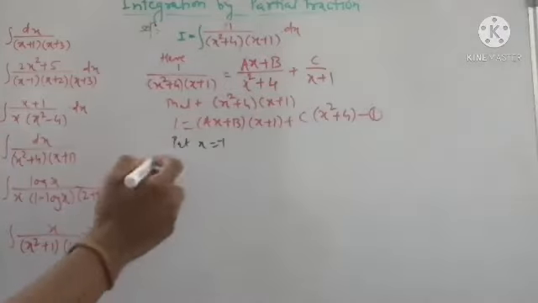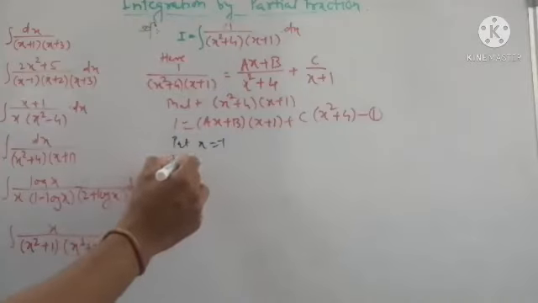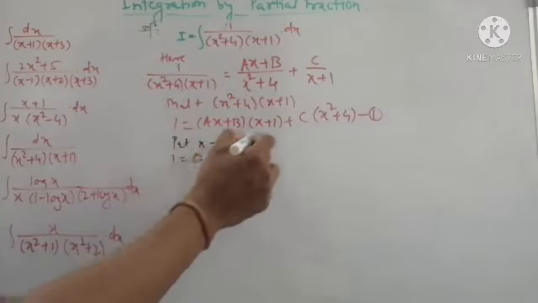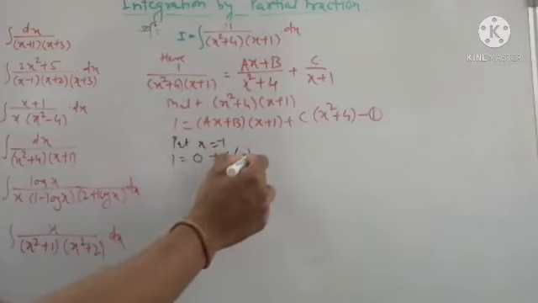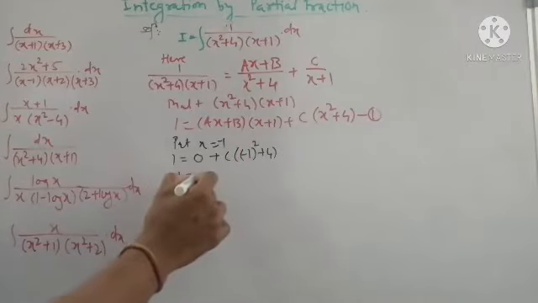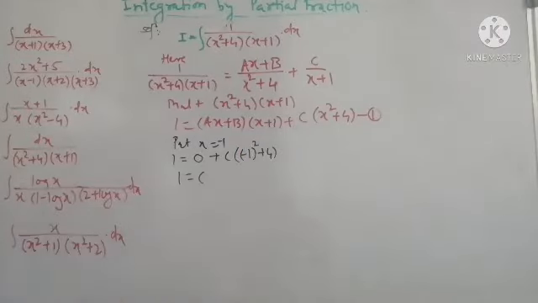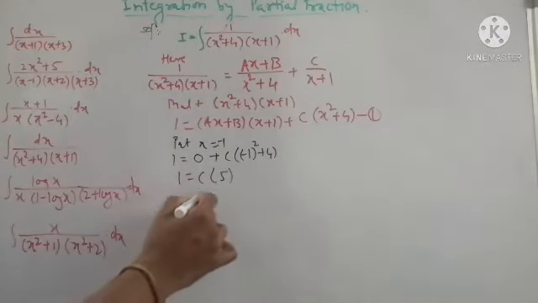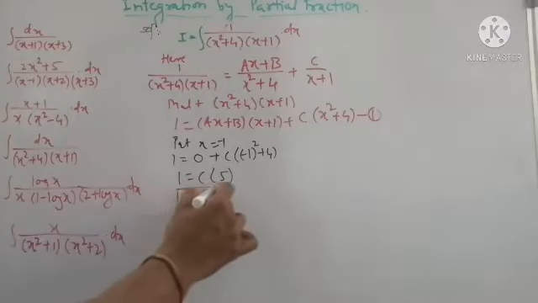So we put minus 1 as x. On the left-hand side there is 1, on the right-hand side the first term will be eliminated, and in the second term c into bracket minus 1 square, as x square is there, plus 4. So 1 is equal to c into minus 1 square, which is always 1, 1 plus 4 is 5. That means c is equal to 1 by 5. So we get the value of c.